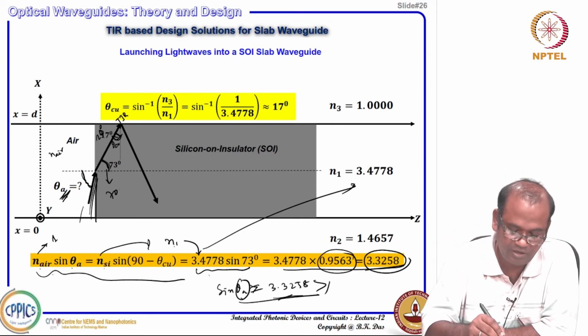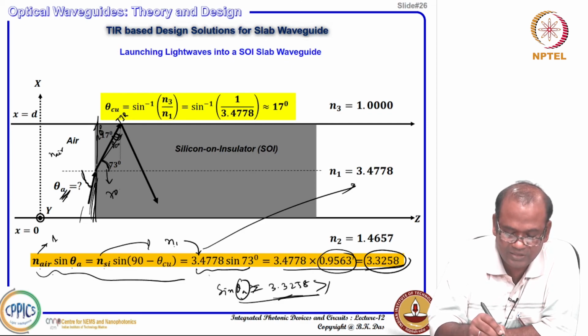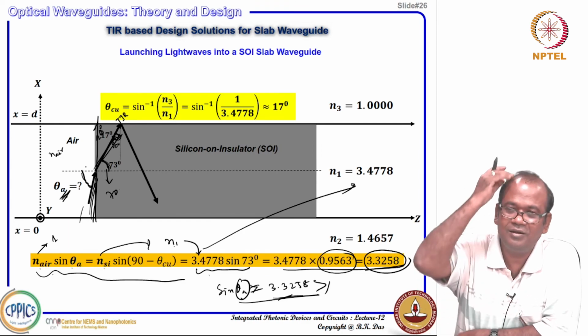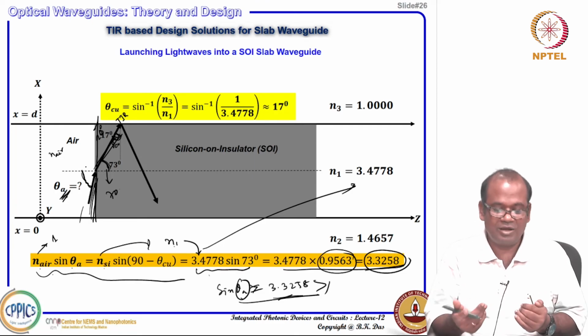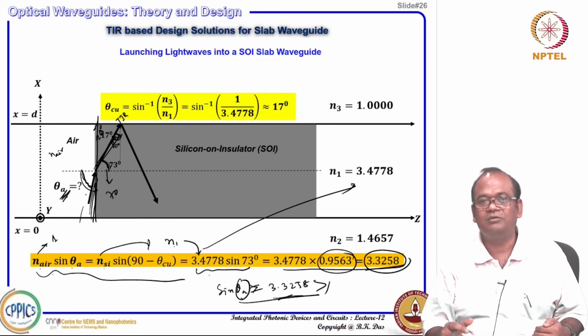Of course, if you are not grazing exactly, if you are giving a little bit of angle, whatever angle appears inside the crystal in the device layer will be greater than 90 degree. So basically this theta A you can consider as 90 degree, this exactly 90 degree is the acceptance angle.